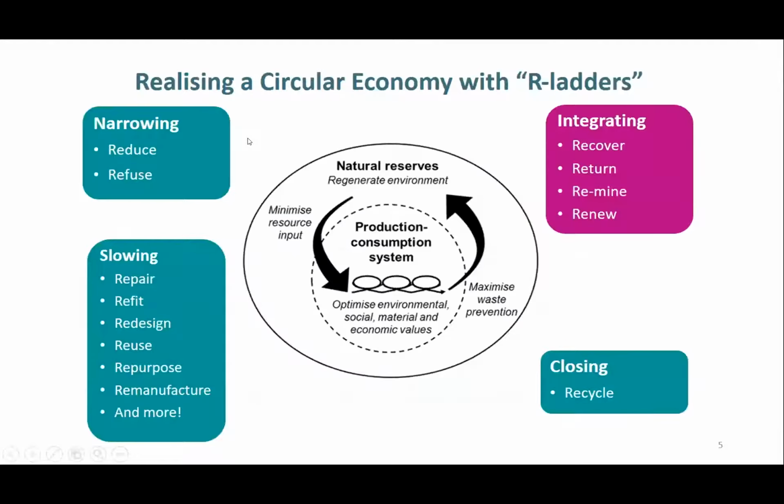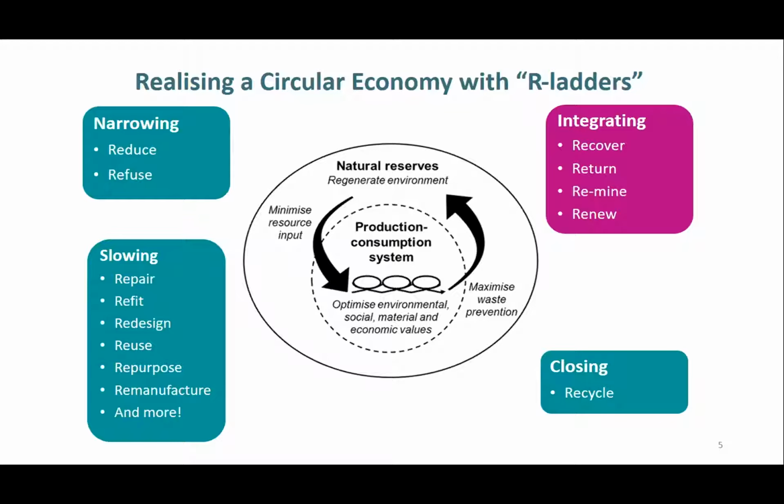Here we go. So there are a number of approaches that we can take to realize a circular economy. So as a company, you could try to reduce the amount of resources that you use, for example, through optimizing the shape of products and components, or through using alternative materials, or you can try to slow the speed at which resources and products flow through the economy.